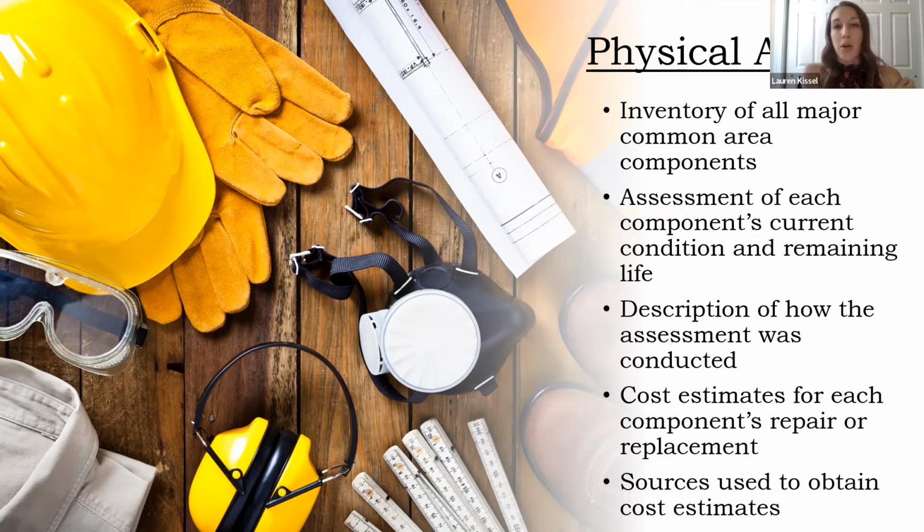It is really important that if you're looking to do an upcoming project, you get proposals so you have a better idea of what the actual number will be. The reserve study is really a guideline or a roadmap for what you should be doing, but it's not concrete and set in stone. You do need to get those actual numbers prior to starting projects.